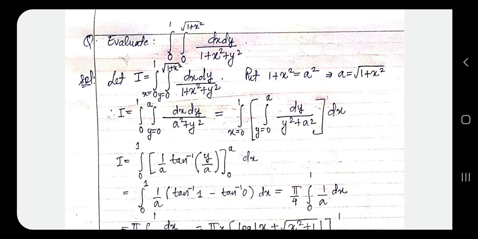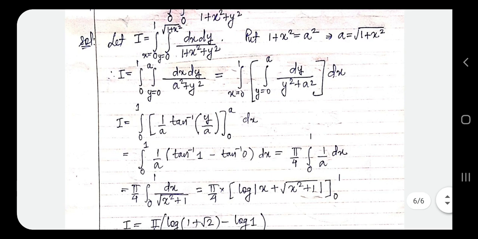So evaluate this double integration. The integration having variable x is for y. You have to remember that the integration having the x variable in it is for y, and the remaining integration is for x.